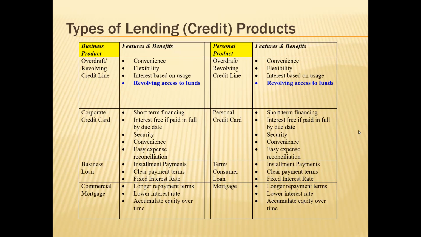The benefits are convenience, flexibility, and interest based on usage. We'll see that for the individual on a personal product, it is the same thing. Overdraft or revolving line of credit. The features and benefits: it's convenient, it offers flexibility, and the interest charged is based on how much you use the credit line.